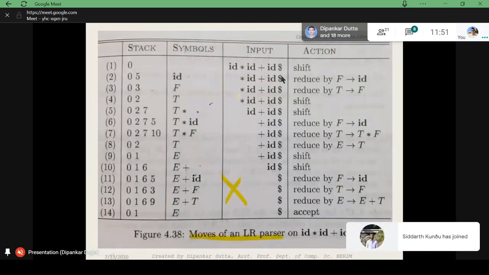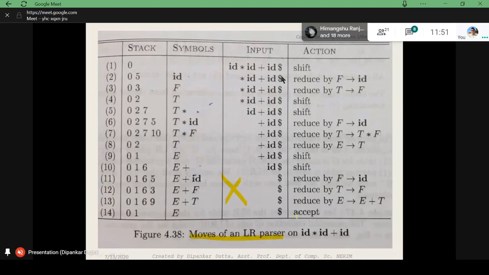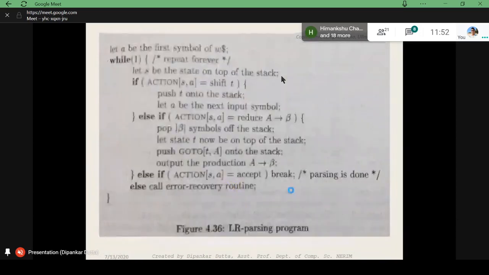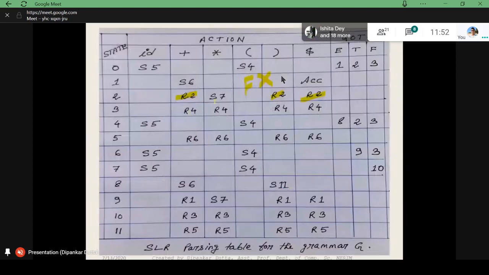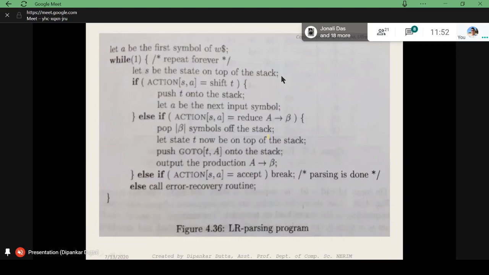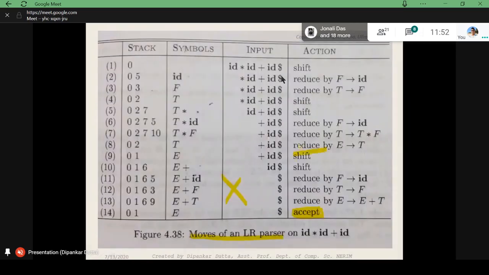In this example we got accept. We will discuss it in the next class. But if you made some mistake in this table, then you will always get some errors here. Instead of shift or reduce, you will get blank entry, error.